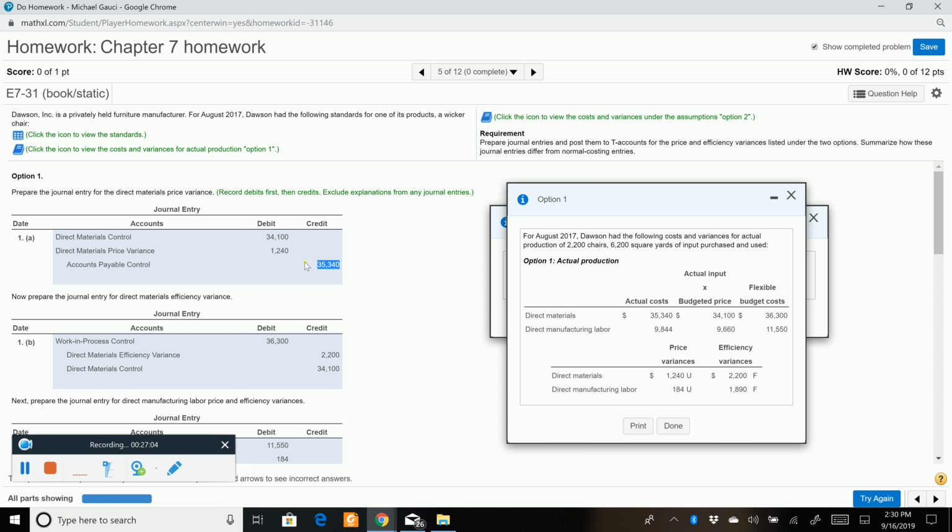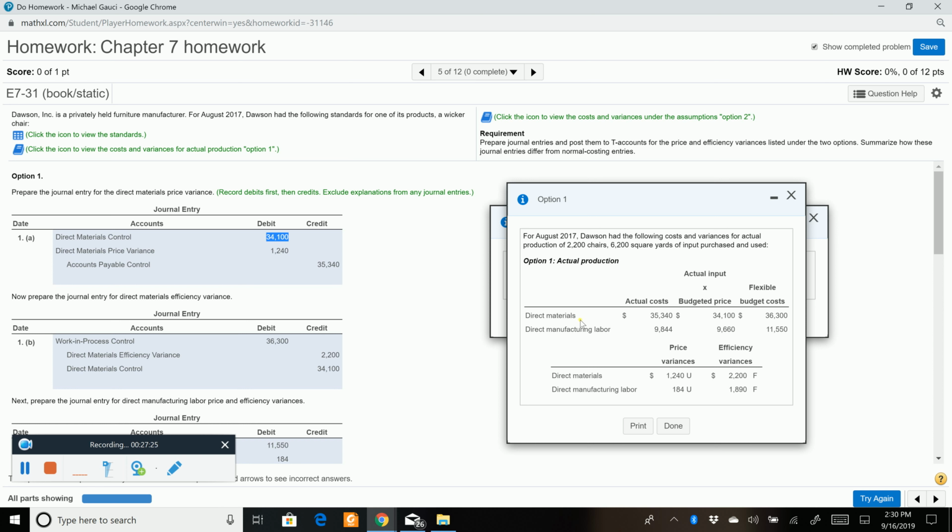But I'm only going to debit the direct materials. This is how we actually record it. We're going to debit the direct materials for the actual quantity used times the standard price. We always base our journal entry for materials on the standards.